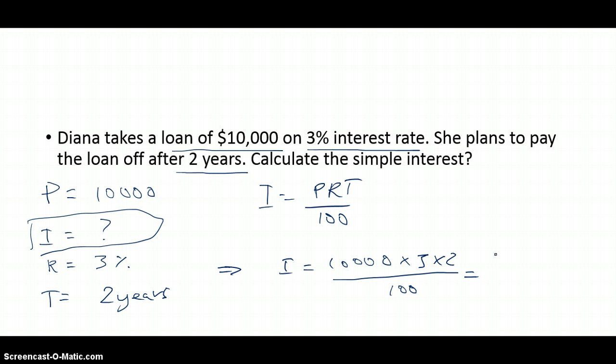If you put that into the calculator, you should get a total of $600. So I equals 600 in this case. The way we interpret this is that the amount of interest she gets for investing over 2 years for this loan is $600. Now let's move on to the next question.